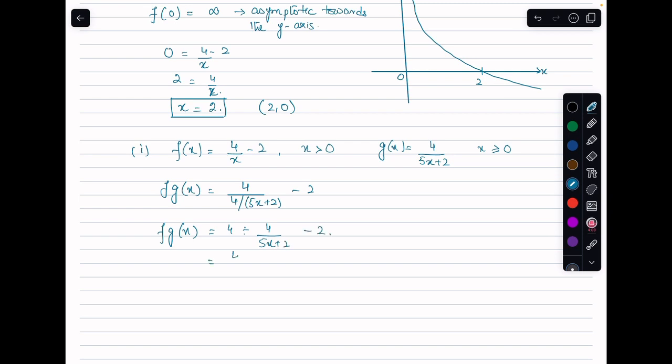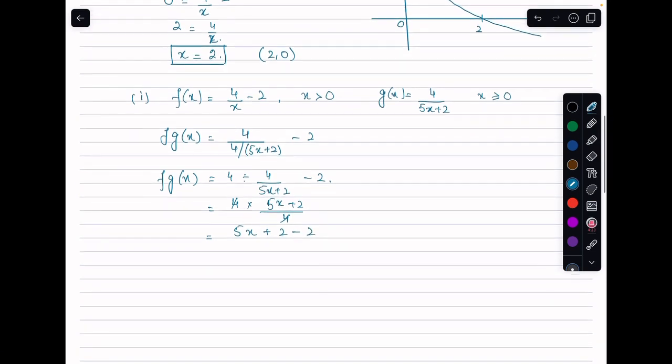Simplifying it, this is 4 into 5x plus 2 divided by 4. The 4 gets simplified, and my answer is 5x plus 2 minus 2, which is just 5x. So this is the expression for the composite function fg of x.